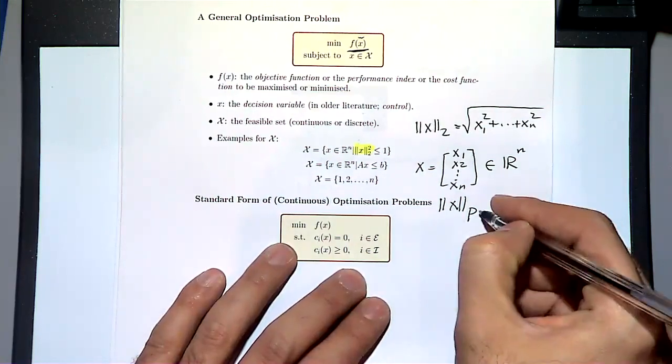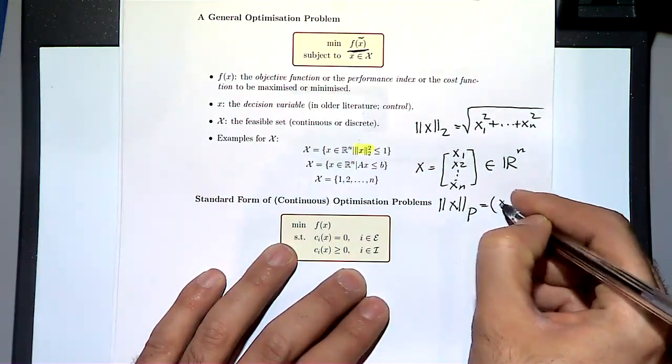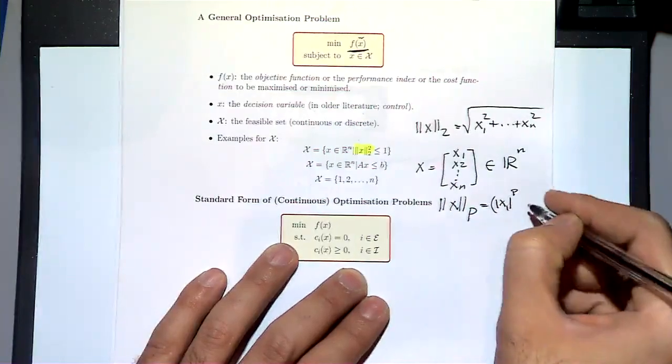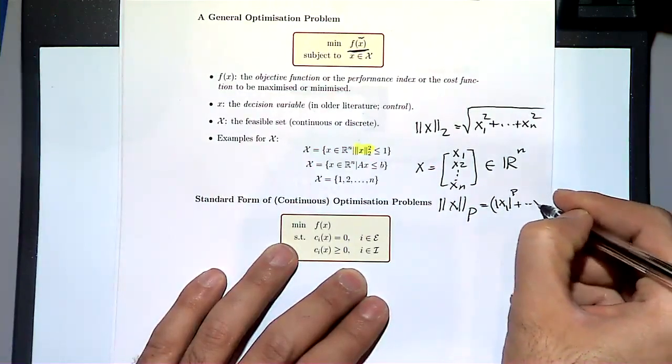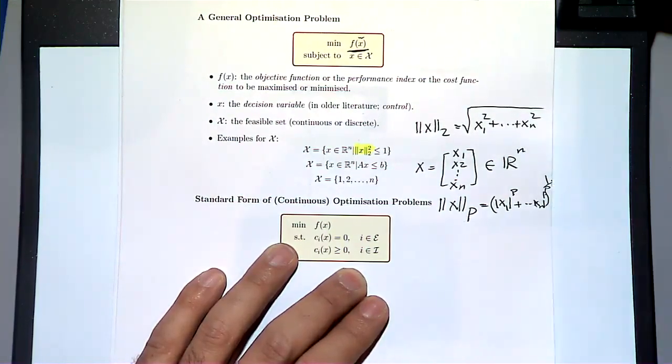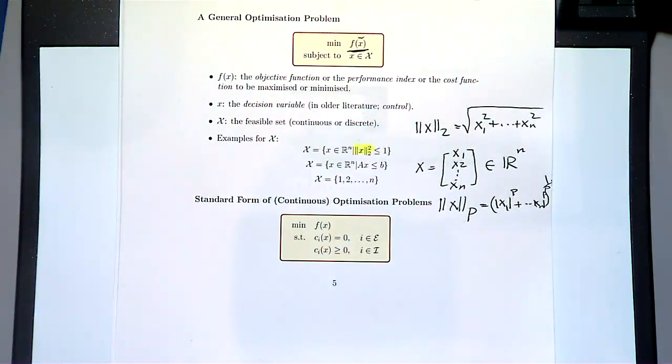It is the sum of the absolute value of x to the power p, then the pth root. This absolute value is important because if p is odd, then you might end up with strange things. The definition of norm doesn't hold anymore.